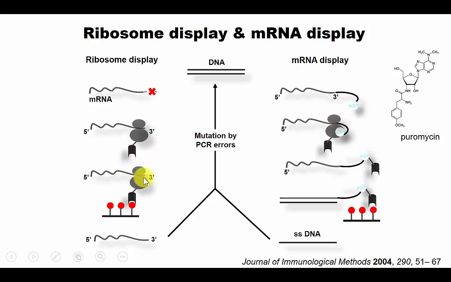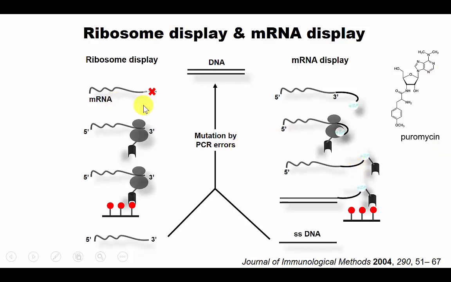Now, without the big burden of the huge ribosome, only mRNA and protein are connected, a much lighter screening format. Also, the ribosome can be released and go for another cycle of synthesis of a library member. So this can be a catalytic process, much more efficient.